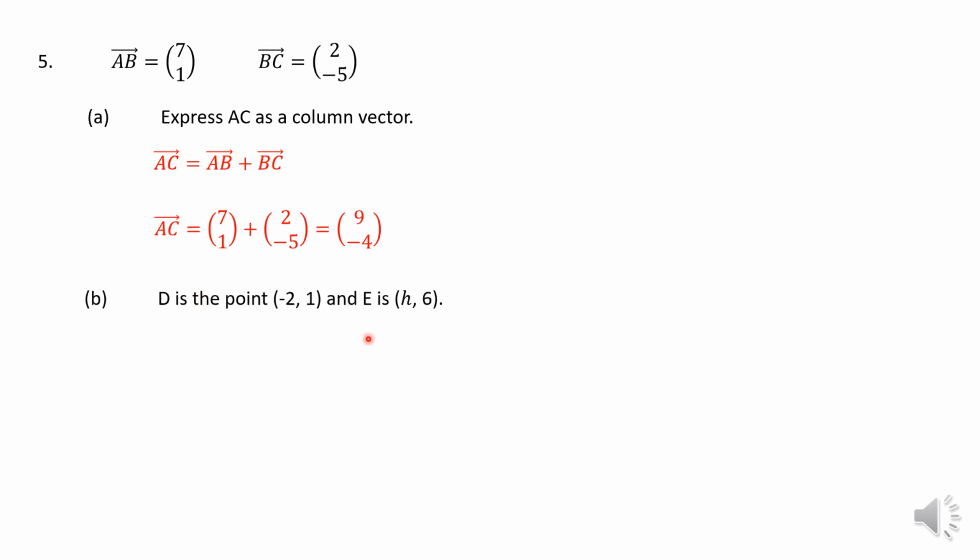Here is now another question. They say point D is -2, 1. Point E is H, 6. We are supposed to find DE as a column vector.